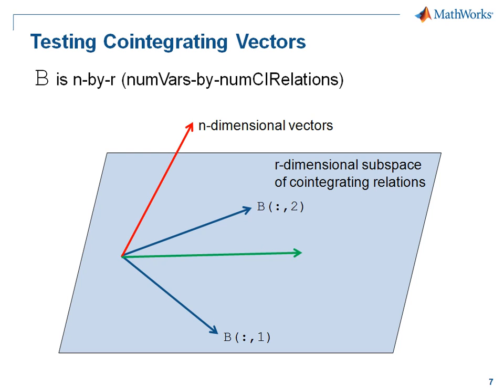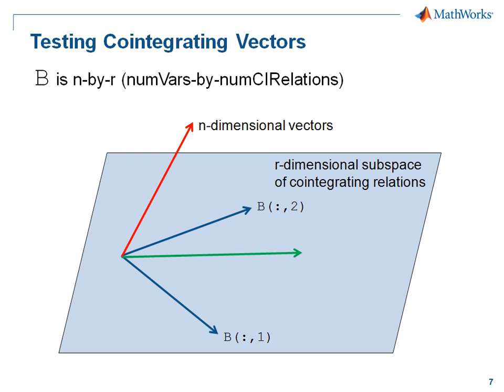So typically r is going to be less than n in the cases of cointegration, and if you look at the columns of B, the vectors that represent the cointegrating relationships, so here I've got the first column and the second column, these are going to be n-dimensional vectors, but they're going to span a subspace of dimension r in n-dimensional space.